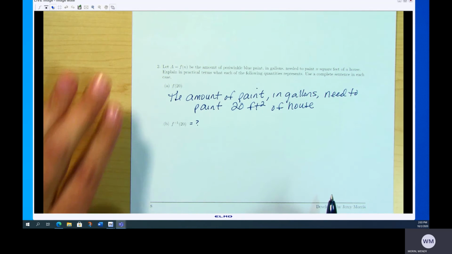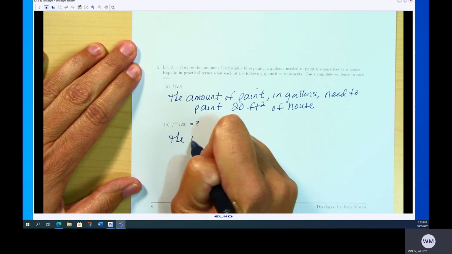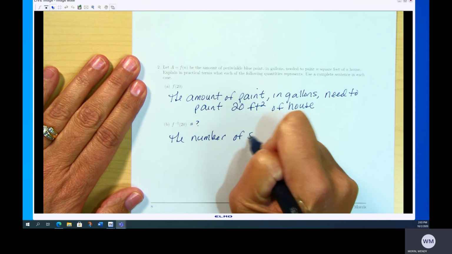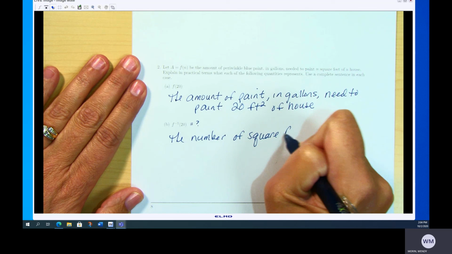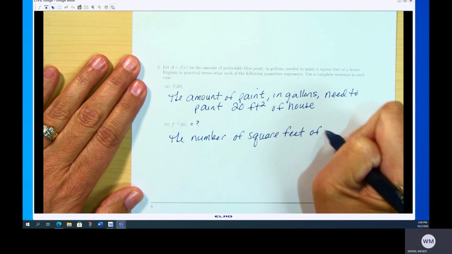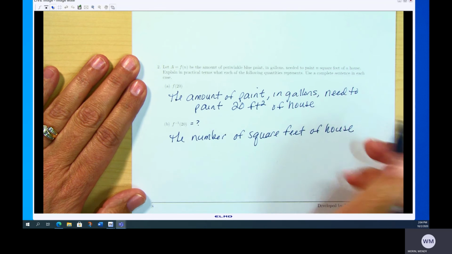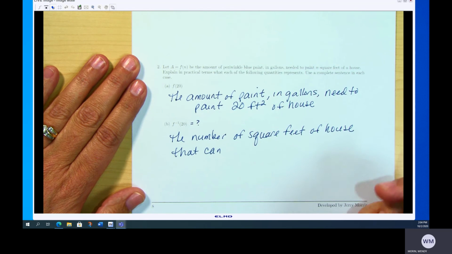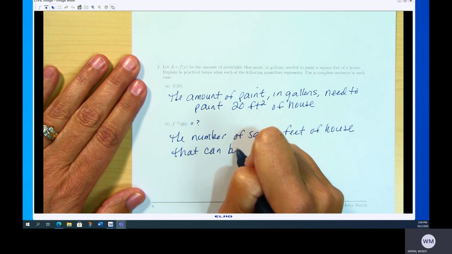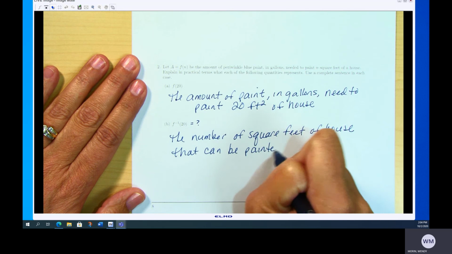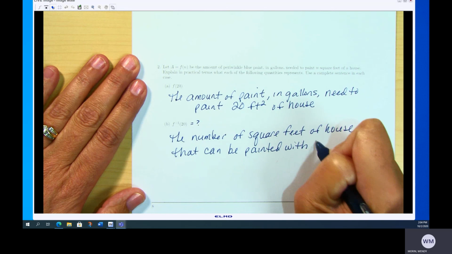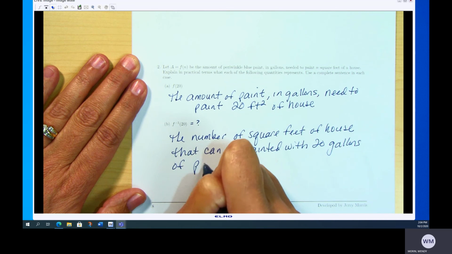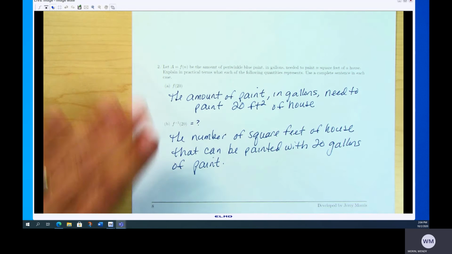It represents the number of square feet of house that can be painted with 20 gallons of paint.